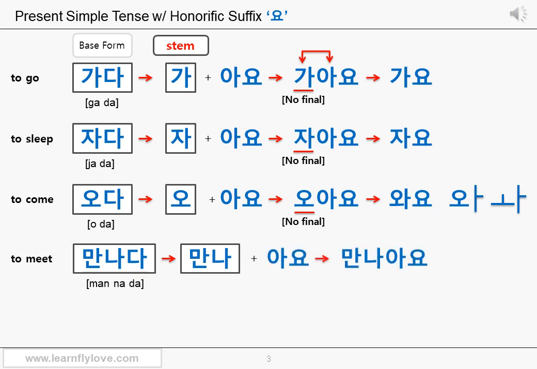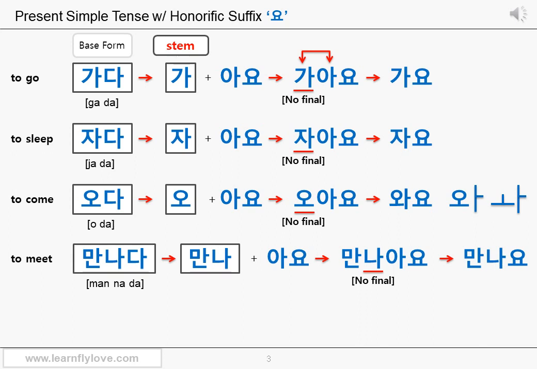Thus, you need to add the ending ayo. But there's no final consonant in the last letter of the stem, na. So you need to combine the na sound and a sound together. And it just makes one letter, na sound. So it's 만나요, not 만나아요.